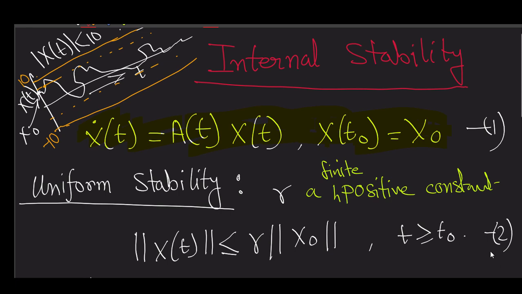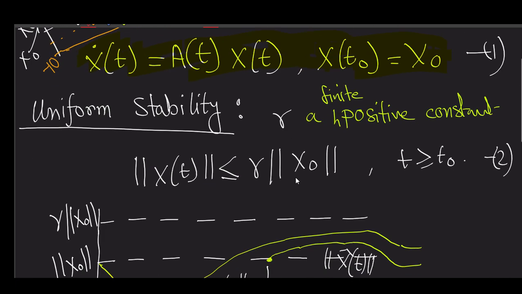Now here we will see uniform stability. We say that equation 1 is called uniformly stable if there exists a finite positive constant gamma such that the norm of x(t) is less than or equal to gamma times the norm of x naught.